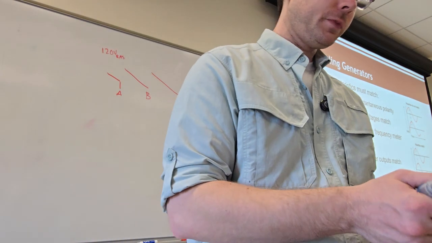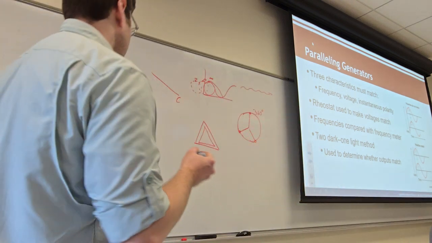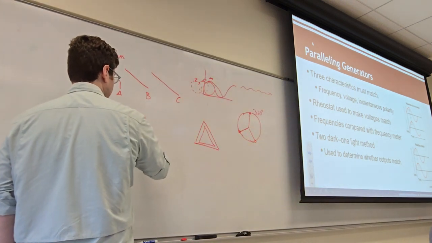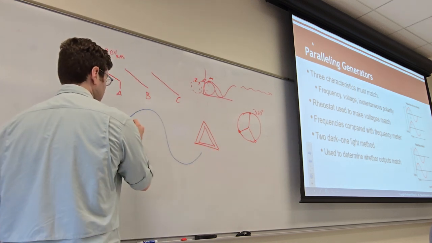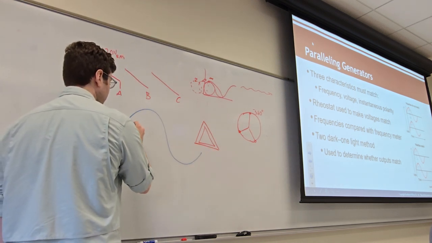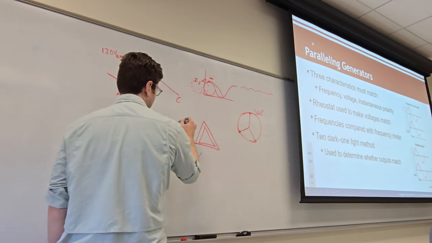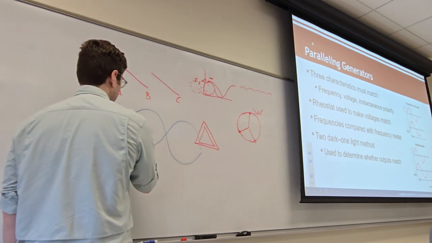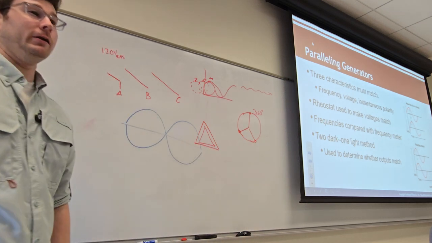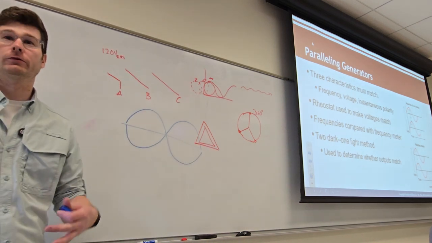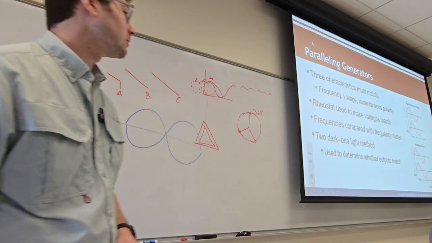Otherwise, what can happen is that one generator will feed in a positive voltage to the line, and then another generator, if it was perfectly synced in the opposite direction, would put voltage in the negative, and they would perfectly cancel each other out. I don't even know what would happen. I don't think they would supply useful amounts of power. I think it would just heat up the wires.